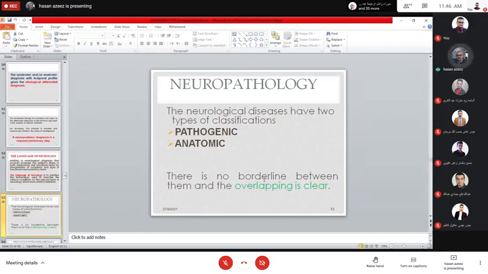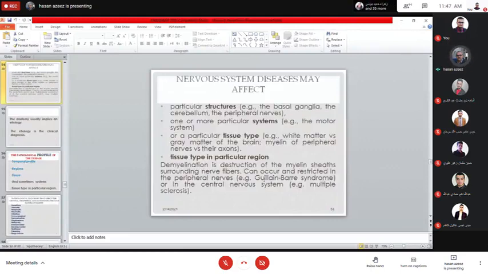For example, when we say demyelination in neurology, we refer to myelin, which is anatomical, and refer to pathology in myelin tissue. So it is pathogenic and anatomic at the same time. There is no borderline between both, but academically, we want to classify the pathological insult.